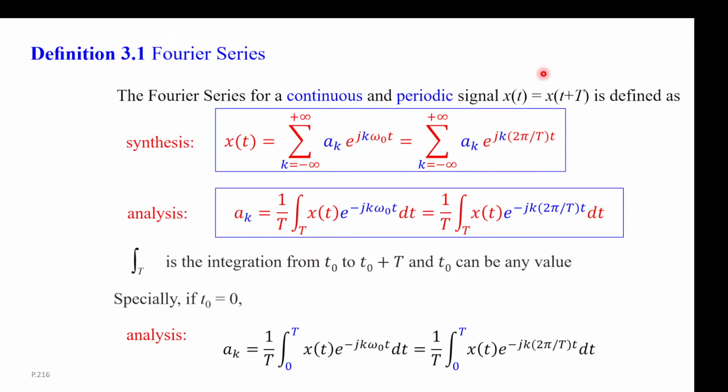So really, you can either write down your x of t for one period, or you can list all the ak. Both of them will tell you full information about your continuous periodic function.